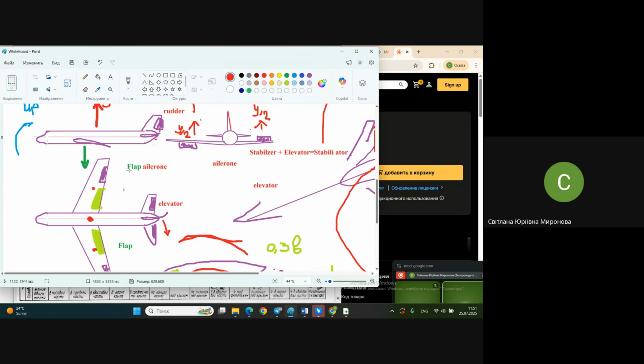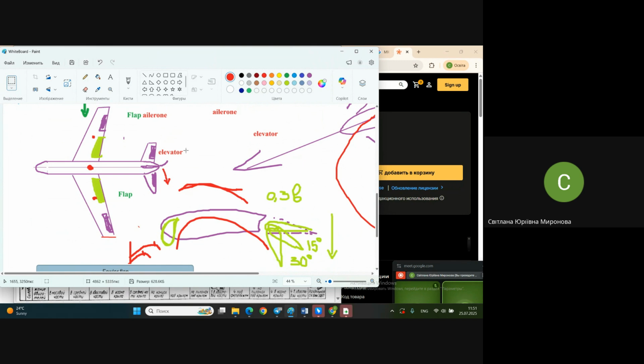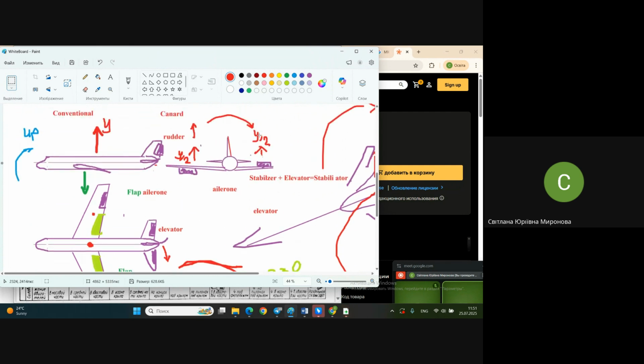So, as I said, flaperon, elevator, stabilizer. Oh, when flap is combined with elevator. Guys, really, right now I'm already losing my mind. The flaperon, the elevon. Oh, elevon. When elevator is combined with aileron. And that is typical for tailless airplanes.